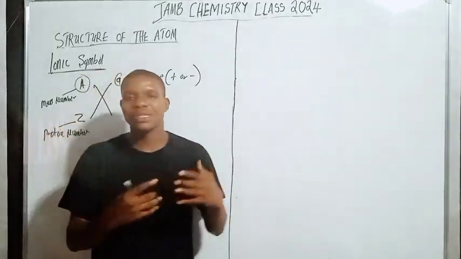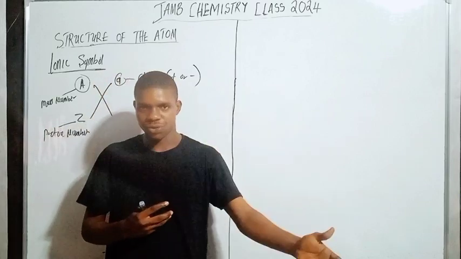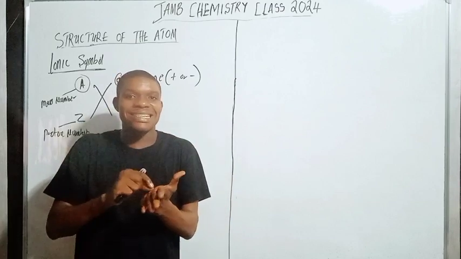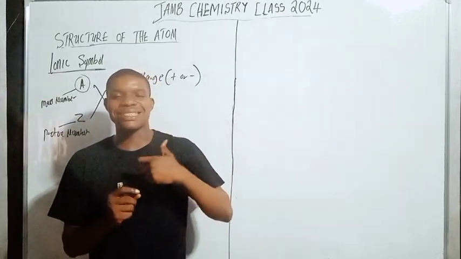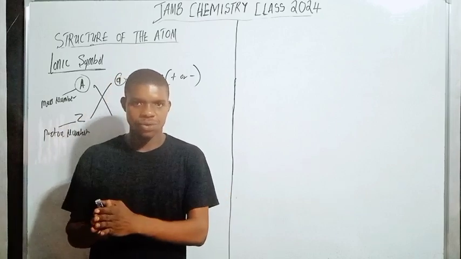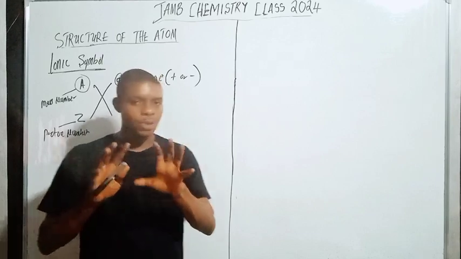So when an atom or element undergoes chemical changes, it can either gain an electron or lose an electron. When an element gains an electron, there's an increase in electron. But when an element loses an electron, there's a decrease in electron. Which I'm going to explain to you here.